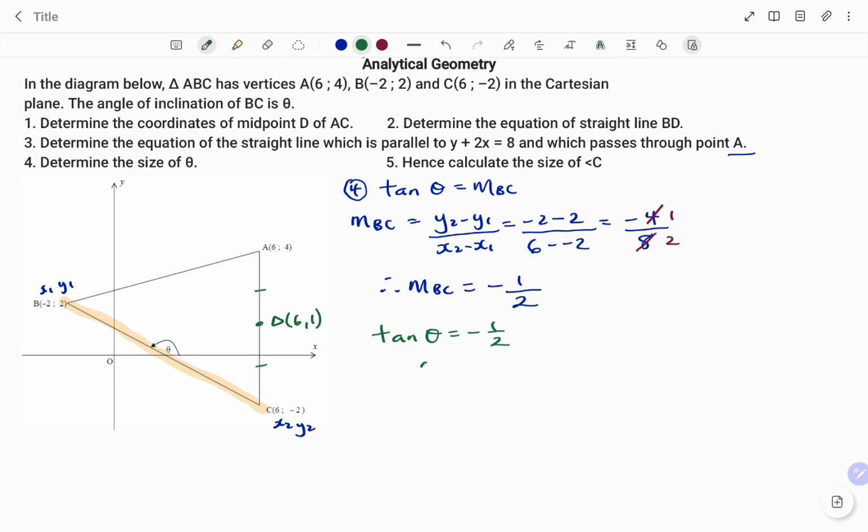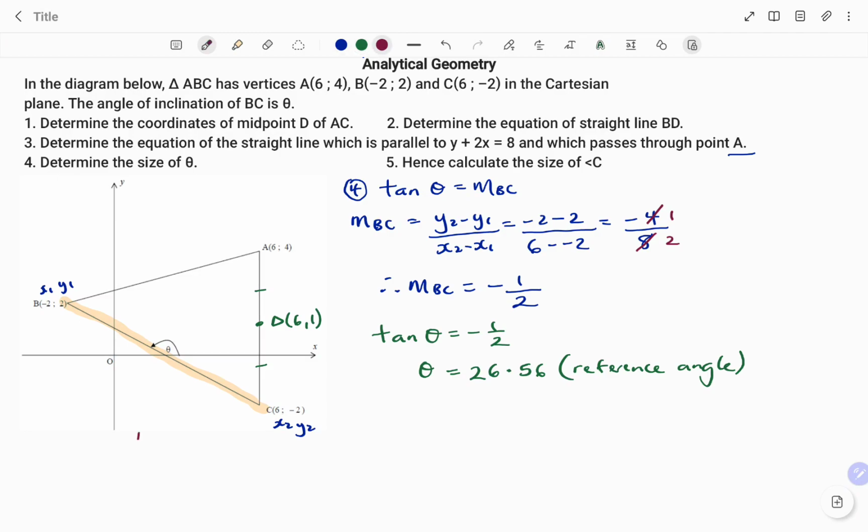To find theta, our reference angle will be arctan of 1/2, which will be 26.56, and this will be our reference angle.